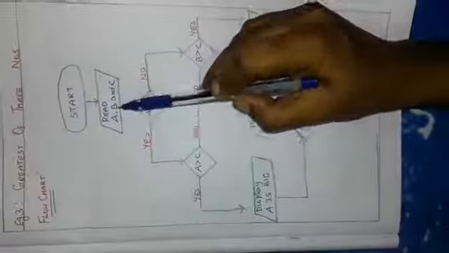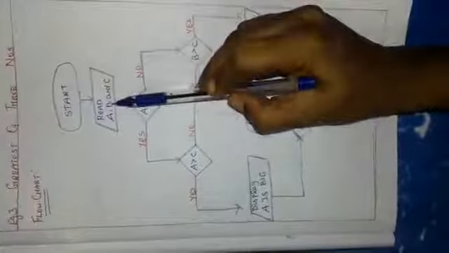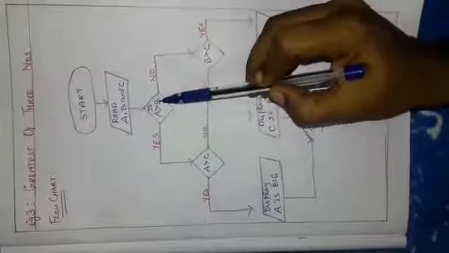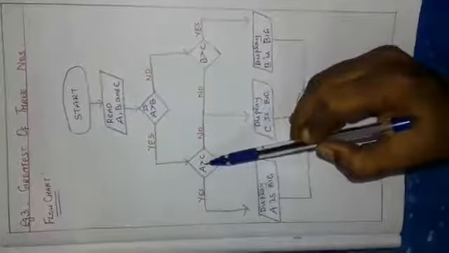Now the third example, to find the greatest of three numbers. Start. Here we are using three variables a, b and c. The logic is that a should be greater than b and c, b should be greater than a and c, and c should be greater than a and b. Then only you will get the correct answer. The condition given is a is greater than b and a is greater than c.